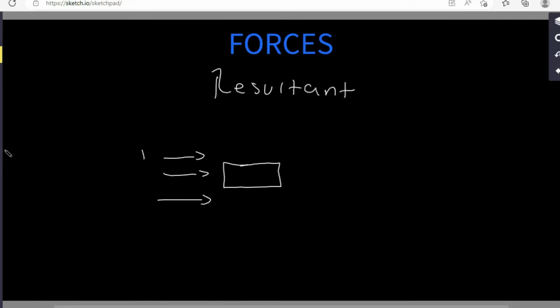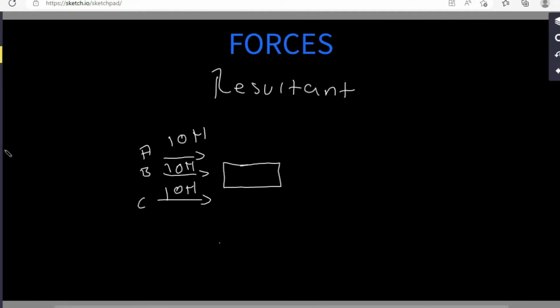Let's say we have three people, person A, person B, and person C. They are all applying 10 newtons to the block. Let's say 30 newtons is what is required to move the block. Now the block is moving because 30 newtons is being applied by these three people.